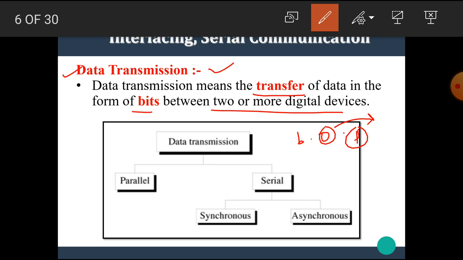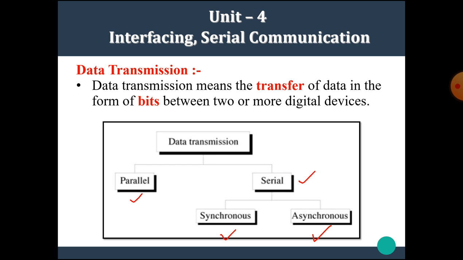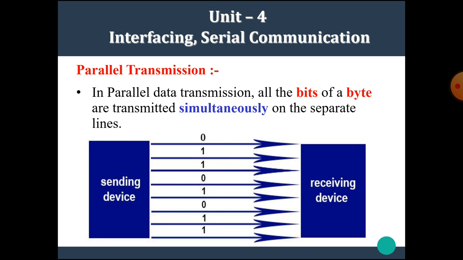This process is known as the data transmission process. The data transmission is further divided into two types: parallel transmission and serial data transmission. The serial data transmission also has two types named as synchronous data transmission and asynchronous data transmission. Okay, now let's see the data transmission types one by one.